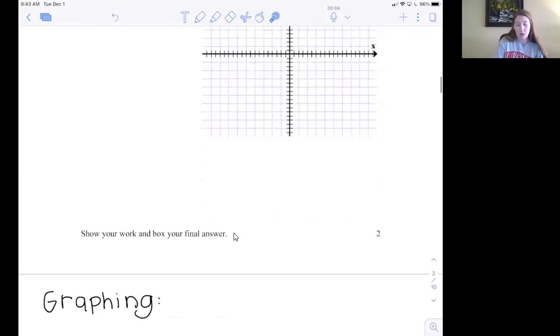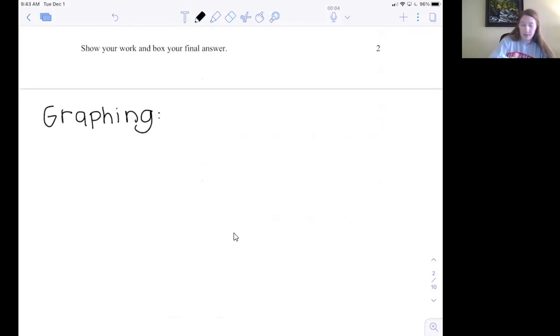When I graph by hand, if I'm not using my calculator, I always like it the same way, where I have y equals mx plus b. It's just a personal preference of mine. I think it's way easier to graph when it's in this form. So my first step when graphing is always to get it to be y equals whatever. That way too, I can plug it in my calculator to make sure it's correct.